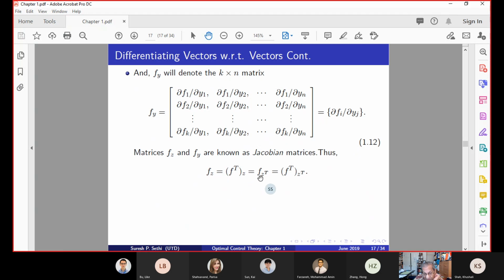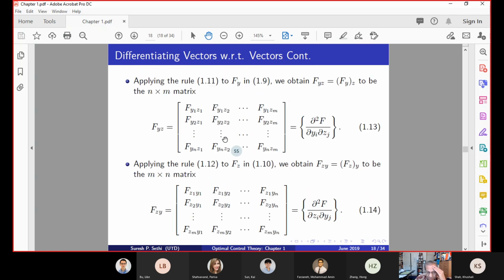It is also the same as the derivative of f with respect to z transpose, because they are all the same. Same for y. So far, so good. What we're trying to do is to learn taking the derivative of a function with respect to vectors in a way so that we don't have to rewrite things like matrices. We can just write it like this and go through the process. Okay.